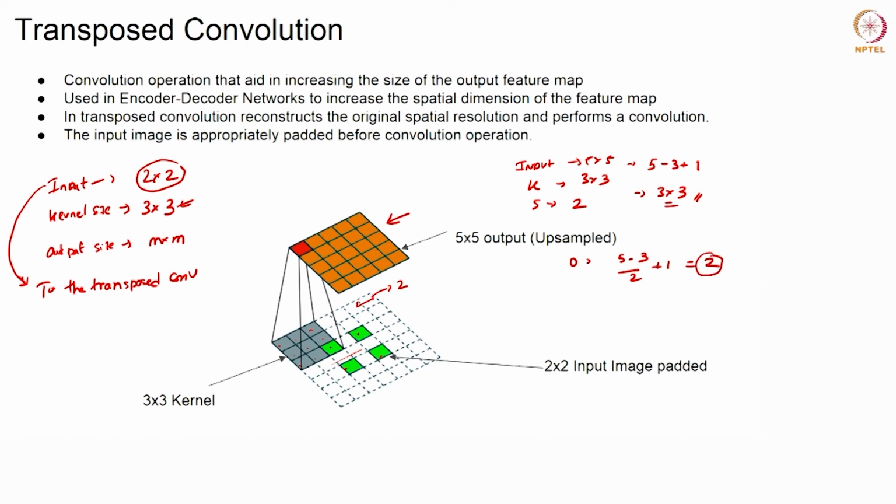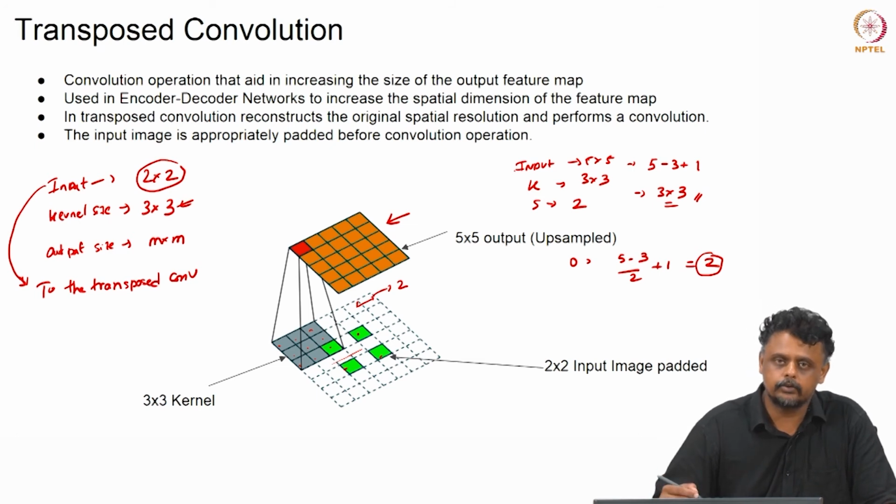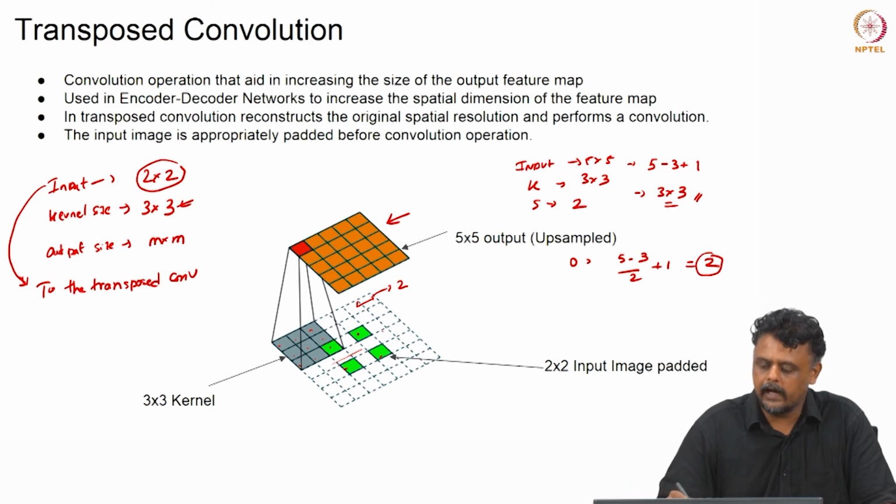Now, we want to reverse this operation. Since we have a stride of 2, we insert S minus 1, that is one row of zeros and one column of zeros, into the feature map of size 2 cross 2. There was no zero padding here, so everything is reversed: we have to do a zero padding when we do the transpose convolution, if you think of it that way.